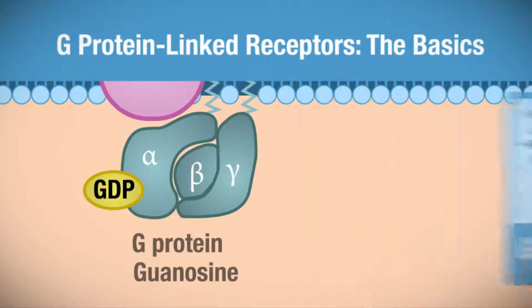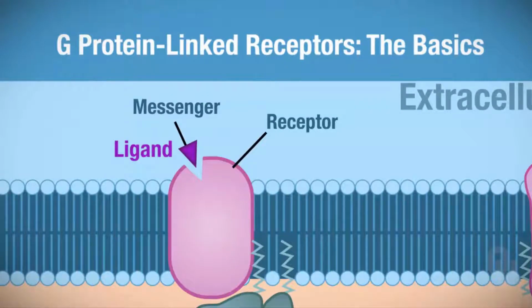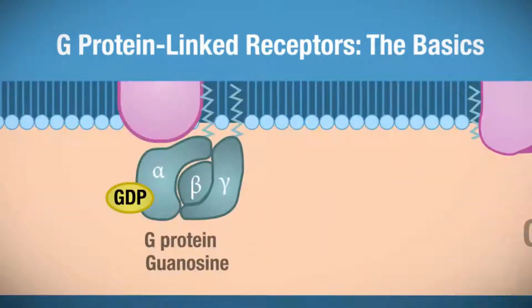So how does a G protein get activated? First off, your messenger, your ligand, which remember has to be lipophobic, has to bind to the receptor. Remember, we're dealing with slow responses here, so the receptor and the channel are different proteins. When the ligand binds to the receptor, what happens next?